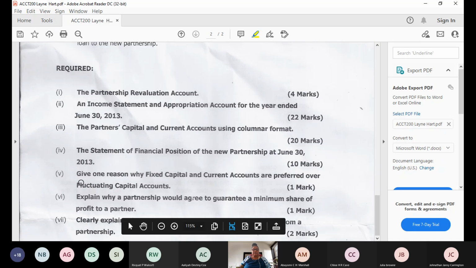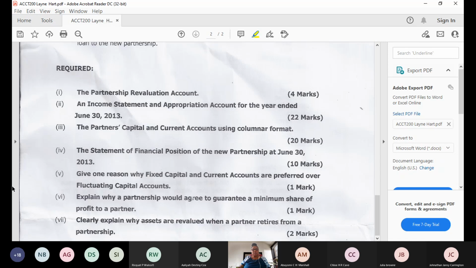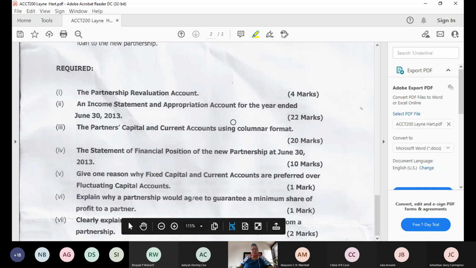Give one reason why the fixed capital and current account are preferred over the fluctuating capital account. Explain why a partnership would agree to guarantee a minimum share of profit to a partner. And then seven, clearly explain why assets are revalued when a partner retires from a partnership. Okay, so this is the question that we have here, right?